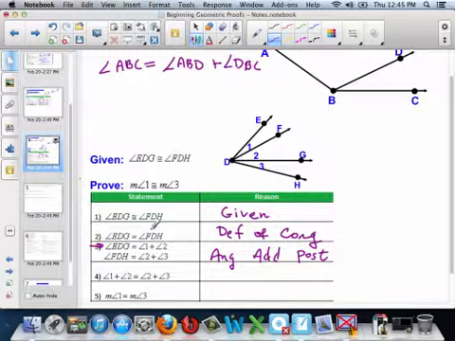Guys, I'm putting angle 1 plus angle 2 in place of EDG. So I'm using information from line 3 and substituting it into line 2, and it becomes my line 4. I'm taking angle 1 plus angle 2 and putting it in place of EDG, and angle 2 plus angle 3 in place of FDH. That's substitution.